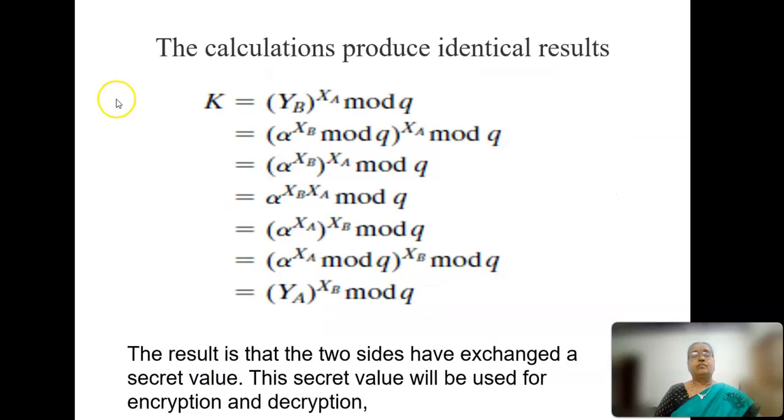Now, this calculation will produce the same value, so K will be the same for both. K is equal to YB raised to the power of XA mod Q. This is the value calculated by A, and YB is the value received from B. We can write YB as alpha power XB mod Q, all raised to the power XA mod Q. If we take the common terms outside, we arrive at alpha power XB XA mod Q. Then we bring the mod Q inside, so it will be alpha raised to the power of XA mod Q, raised to the power XB mod Q. Now, what is alpha raised to the power XA mod Q?